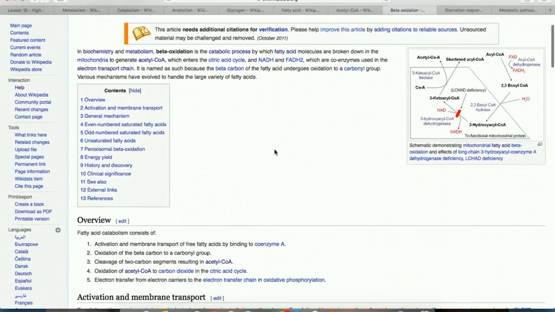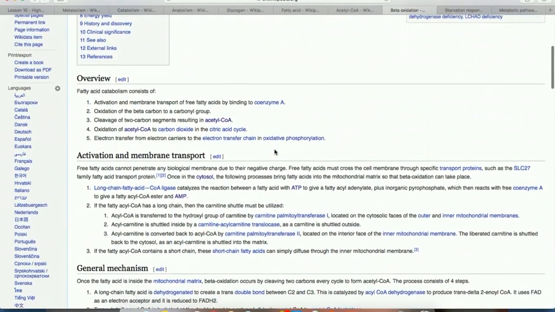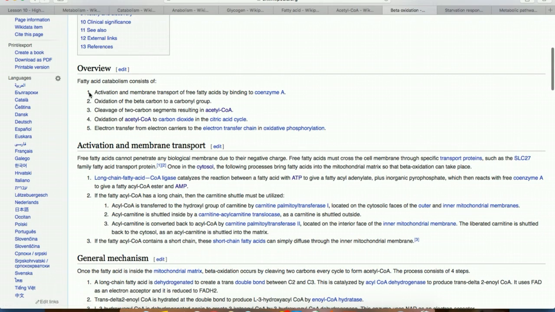So that is why they are named that way. Here we see the overview: activation and membrane transport of free fatty acids by binding to coenzyme A. So they bring the free fatty acids through the membrane.